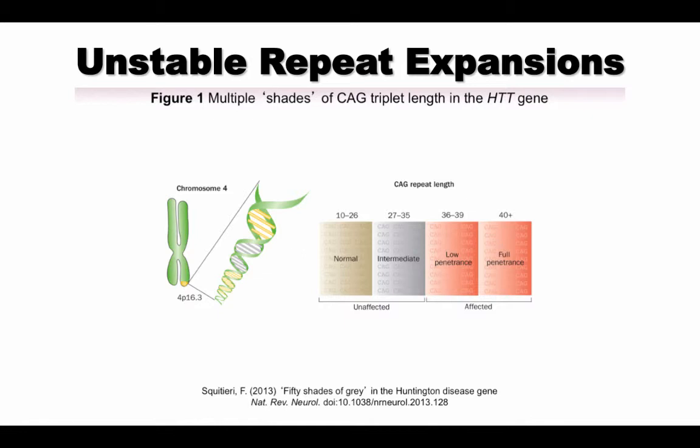And here we have a depiction of the CAG triplet expansions that occur in Huntington's disease.